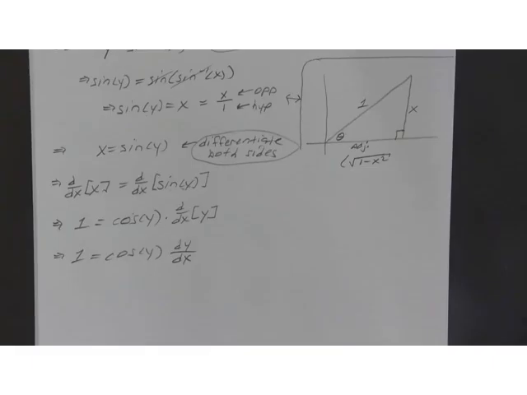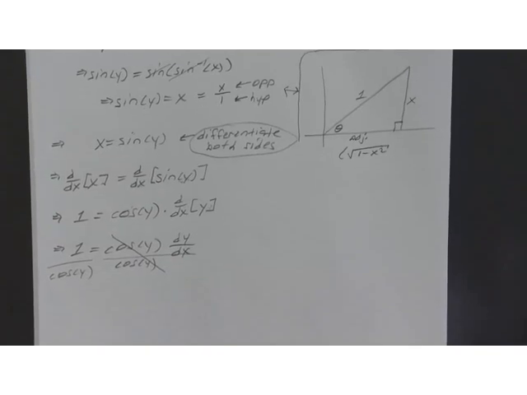Okay, but we want to get that dy/dx by itself. And actually, we could have left it in this form if we wanted to. But if we divide both sides by cosine of y, anything divided by itself is equal to 1. So those two cancel each other out.